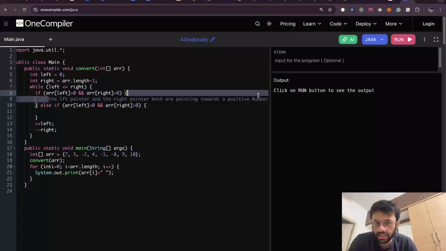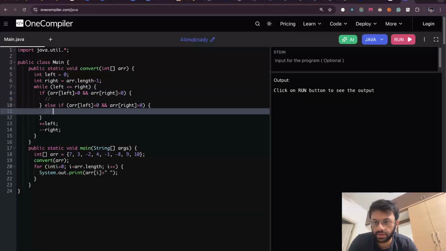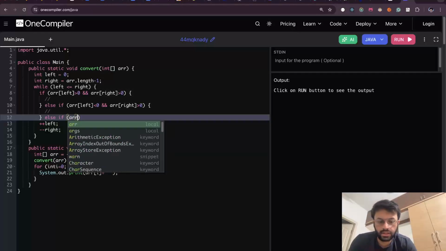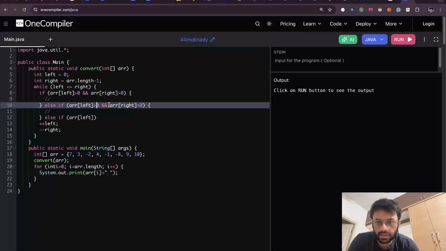Or I'll write something else here. Okay, not this. Else if my left pointer, just a second. Let me make this positive. Let me make this negative.